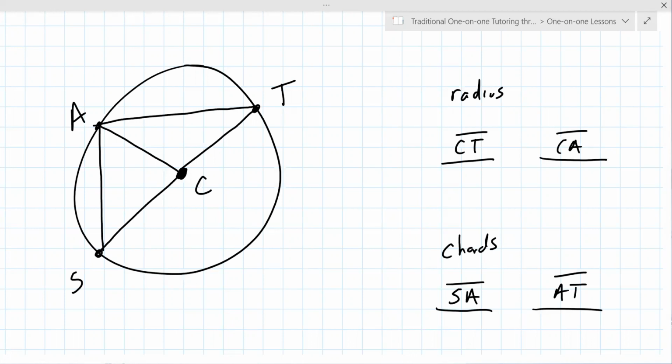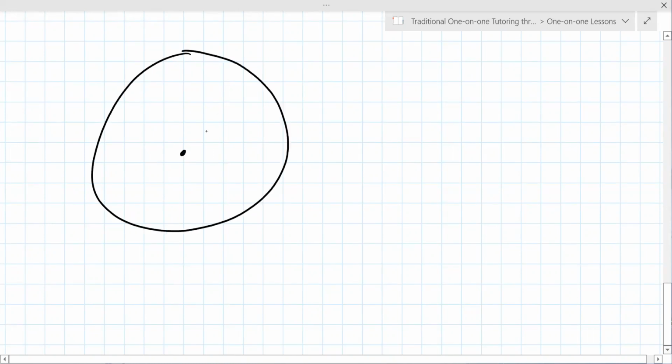No. Okay, so we're going to talk about arcs next. It's like you're given some of the things, but you're not given all of them. There are 2 types of arcs that you need to know about. This is considered a minor arc, and I'm going to give it some letters here.